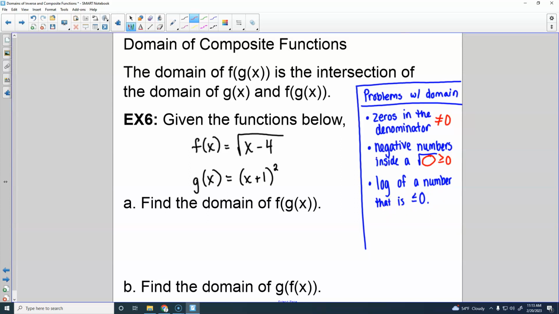And if you have natural log of something right here, then whatever you're taking the natural log of has to be greater than 0. It can't equal 0. And those are the main three things that are going to give us problems with the domain. If a function does not have that stuff, then its domain is just negative infinity to positive infinity.